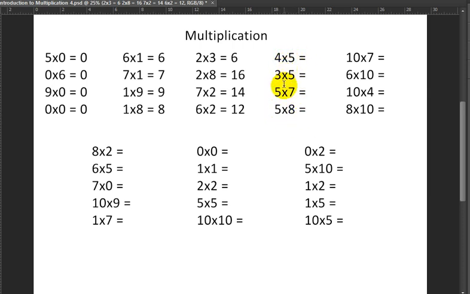Next up, we have the multiplications with 5. So for these multiplications, you're going to need the little song that we sing for 5. So that would be 5, 10, 15, 20, 25, 30, 35, 40, 45, 50.